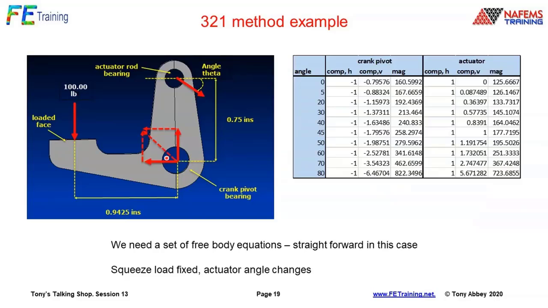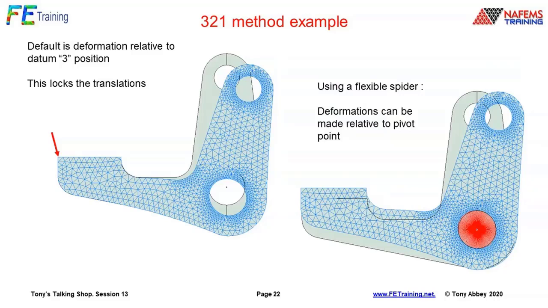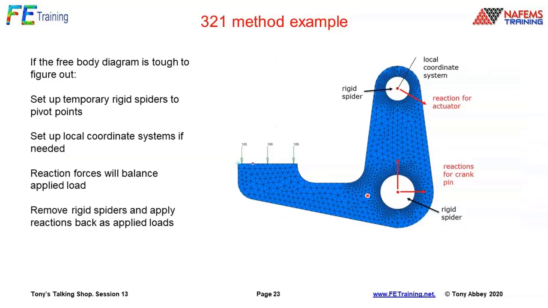So for a quite complicated 3D load balance where it just defeats me how to do it, I can use the rigid spider to let FEA do the free body diagram calculation for us. It can calculate the unknowns if I set it up like that. Again, a useful application of the rigid spider. Then we throw away the rigid spiders and just apply the reactions we've developed back as applied loads.